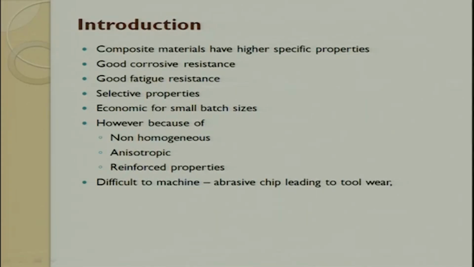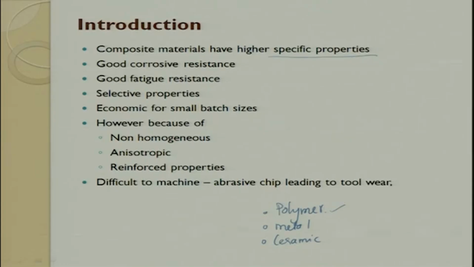With that definition, let us get into it. Composite materials have very high specific properties, right. I am more focused on the three spectrums of composites: polymer matrix, metal matrix and ceramic matrix. In this, the polymer matrix plays a major role because it has a predominant presence in the environment today.